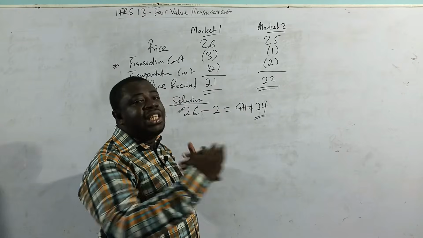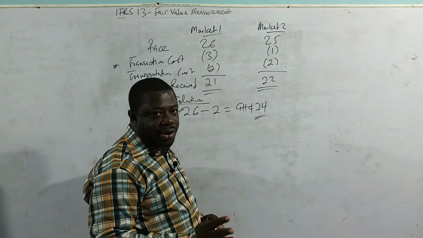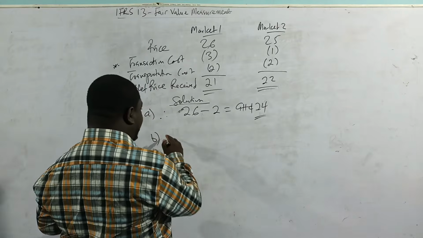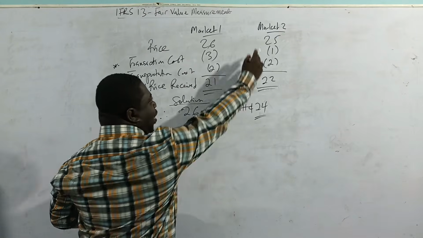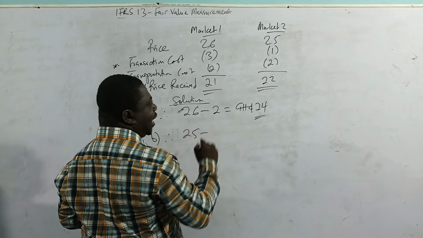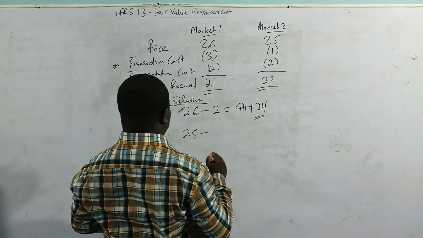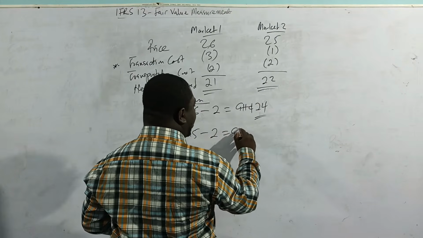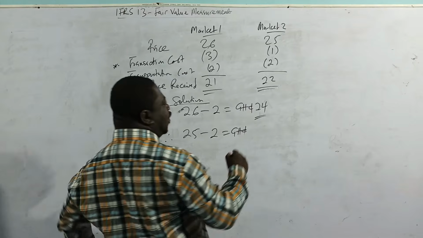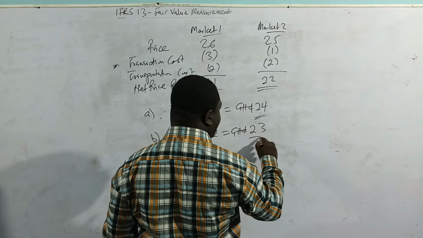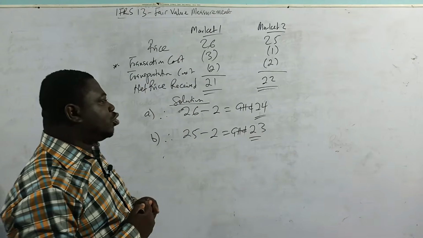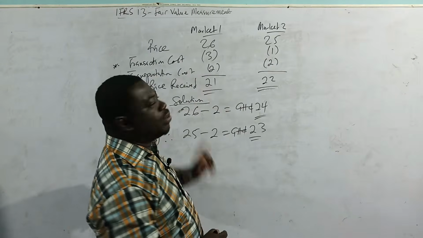It is only there to determine the most advantageous market or otherwise. So therefore, valuation will be the price of 25 cedis minus the transportation cost of 2 cedi.